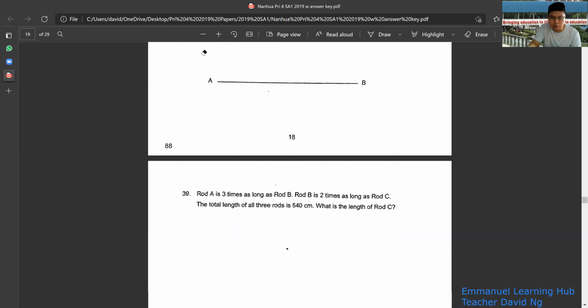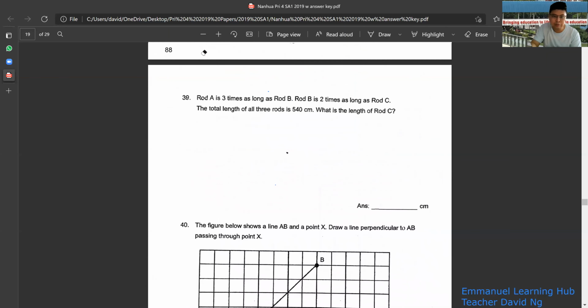Okay, let's see. 39. Remember this question, right? We try again. What is the length of rod C? So you need to draw something called a model.